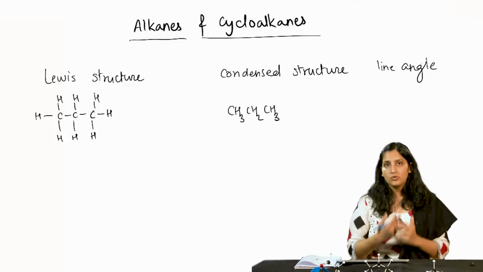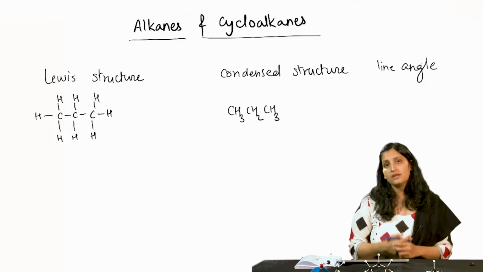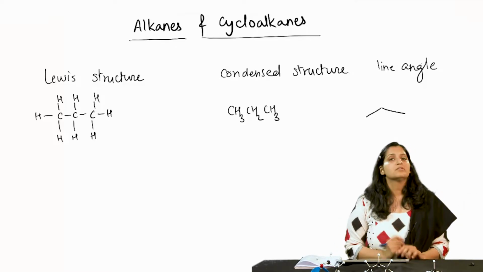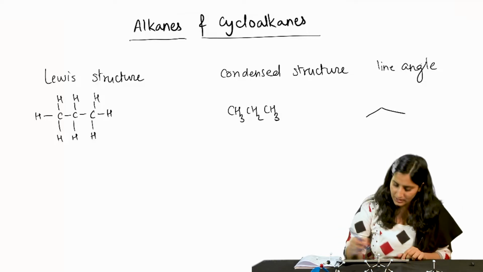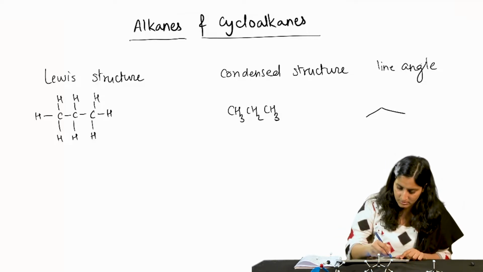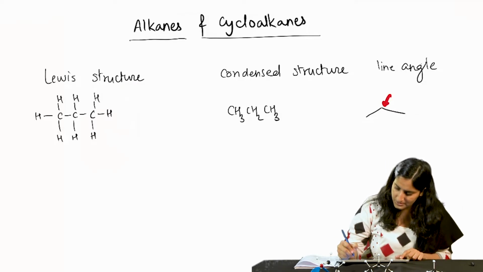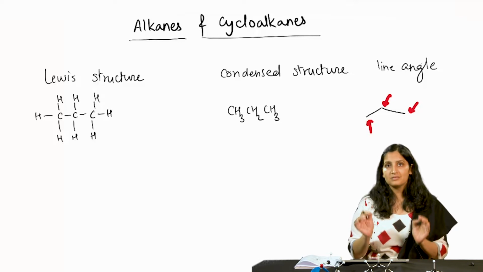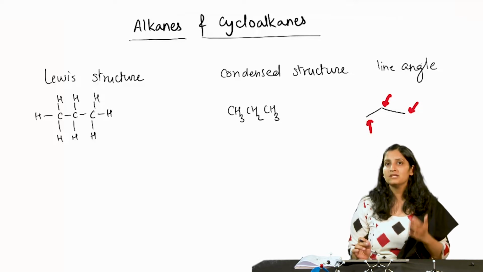And the most common method to represent propane would be using a line angle structure, which is something like this, wherein each of these vertices represents a carbon. The vertex or the end of the line will represent the carbon that is present. We do not represent the hydrogens present in the molecule.